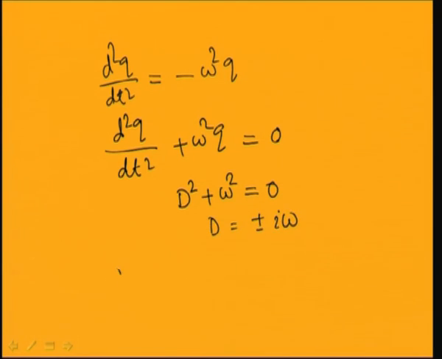So, the solution q t will be equal to a cos omega t plus b sin omega t, because as the roots are plus minus i omega, the solution can be written in this form.